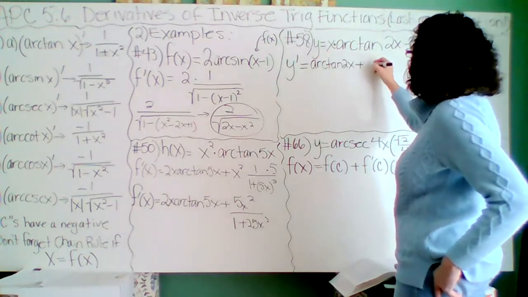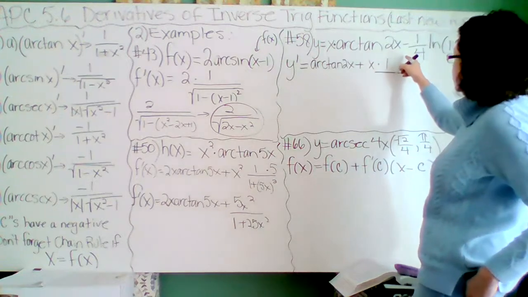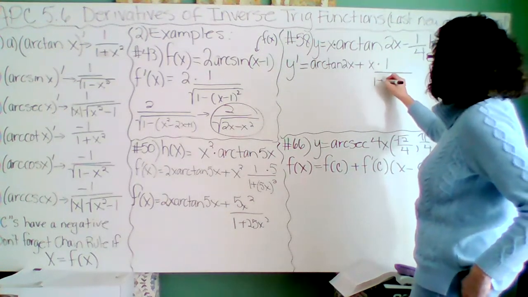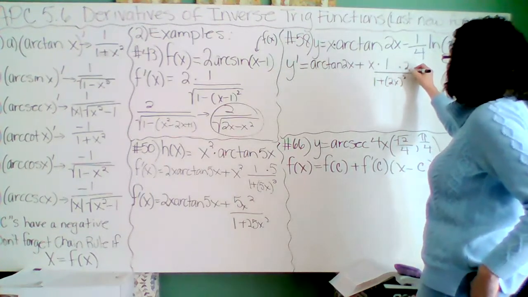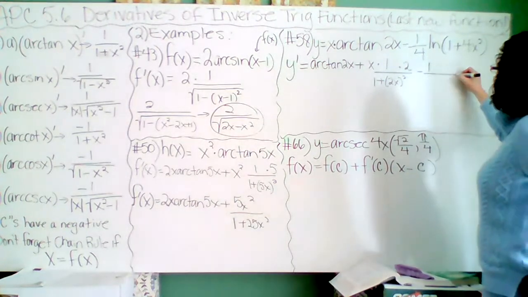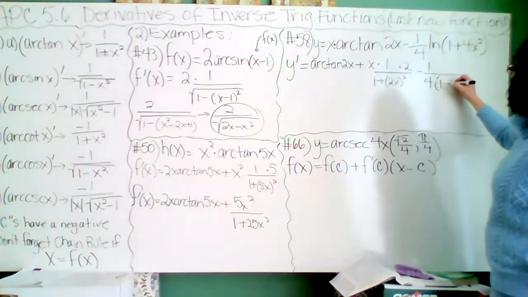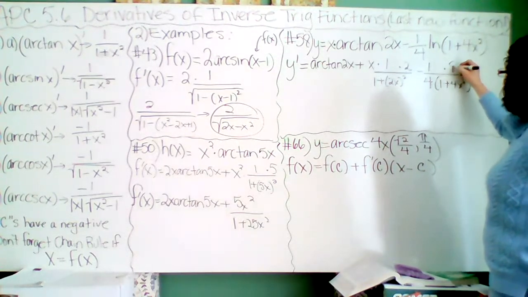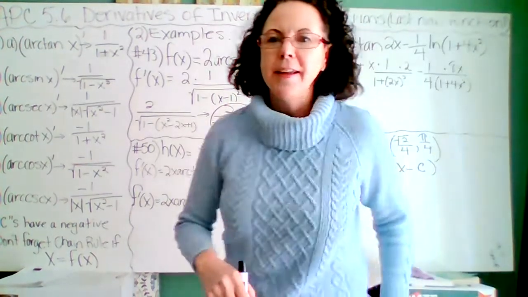Plus, I'll keep my x and multiply it by the derivative of arctangent of 2x, where 2x is my function. That would be 1 over 1 plus 2x squared times the derivative of the inside function, minus 1/4. The derivative of the natural log of anything is 1 over anything times the derivative of the inside function, which is 8x.